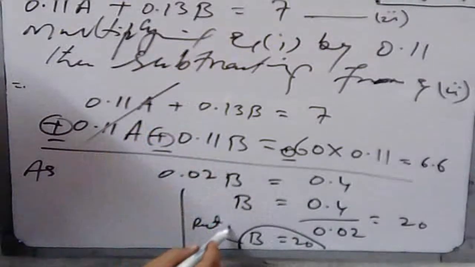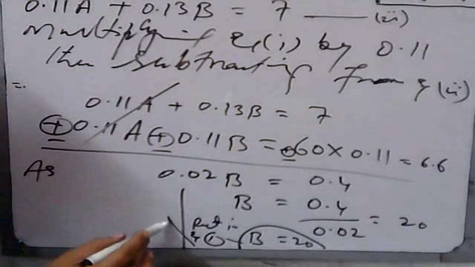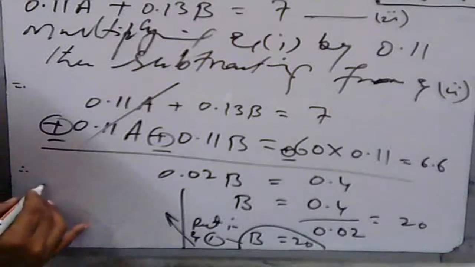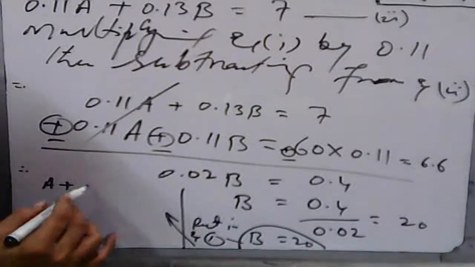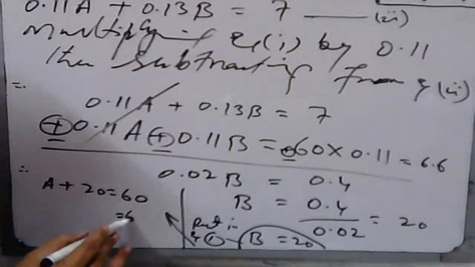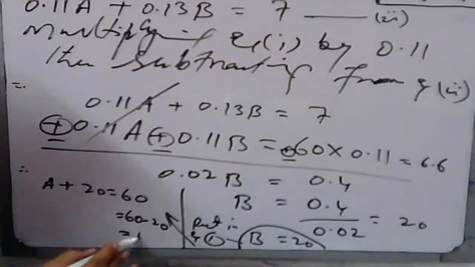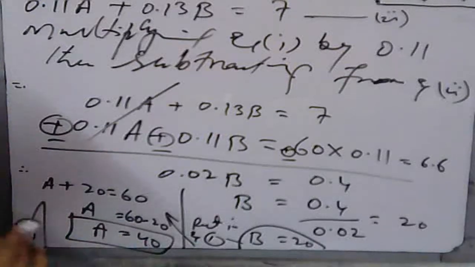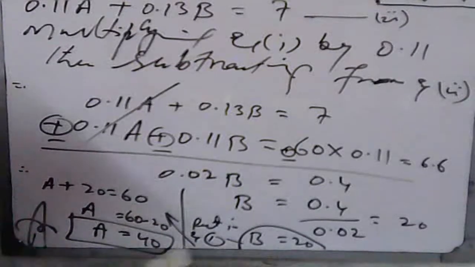Therefore a plus b, where b is 20, is equal to 60. 60 minus 20, you will get 40. So that is the value of a. So the b type eggs are 20 and a type eggs are 40, so total 60 eggs have been bought.